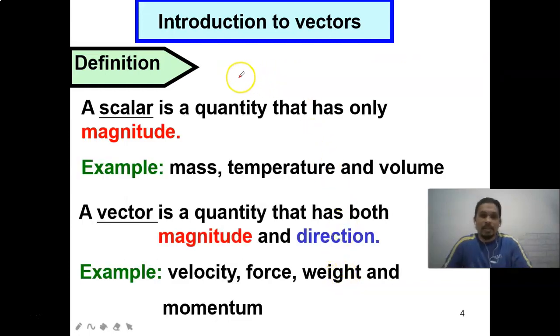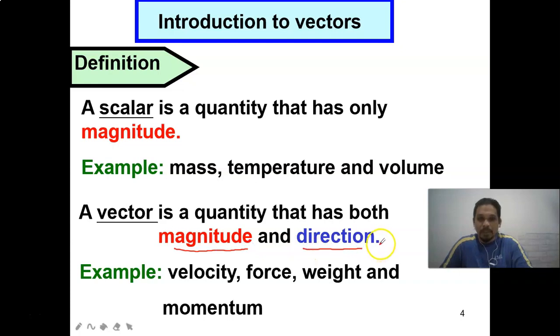Okay, so let's take a look at the first part here, definition. A scalar is a quantity that has only magnitude. And a vector is a quantity that has both magnitude and direction.